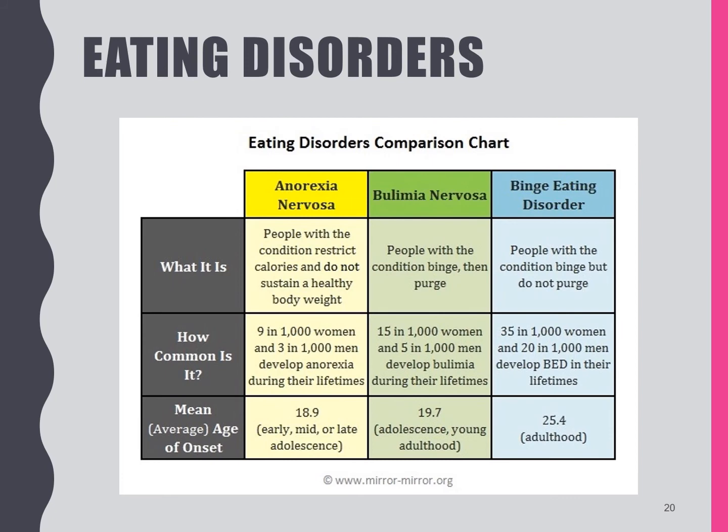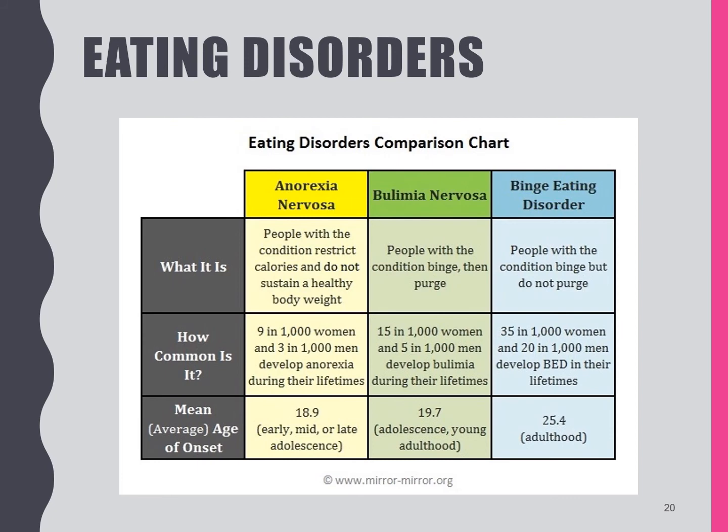About 9 in 1,000 women and 3 in 1,000 men develop anorexia, and the average age is about 19 years of age for the appearance of anorexia. Bulimia is another one. Bulimia is when people eat and then they purge or they vomit. It affects about 15 in 1,000 women and 5 in 1,000 men, and the average age is about the same as anorexia, 19, 20 years old.